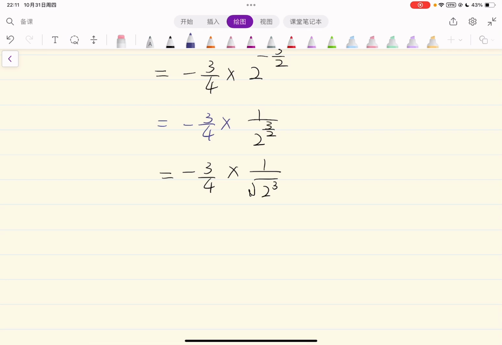Then we can multiply 1 over square root of 2 to the power 3 by square root of 2 to the power 3, both on the numerator and denominator.